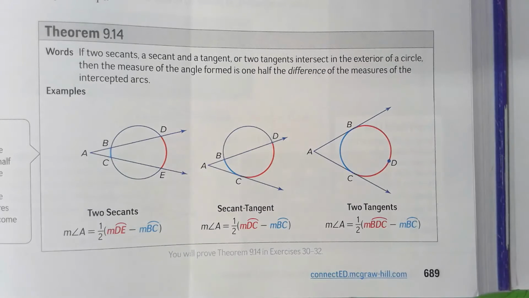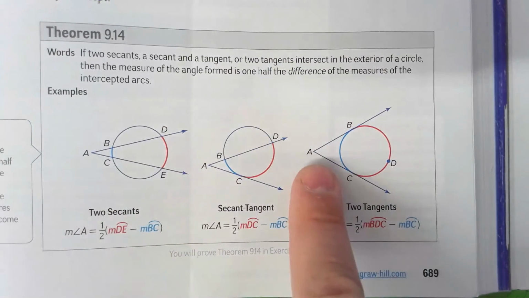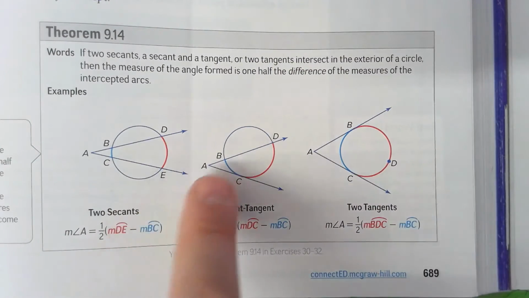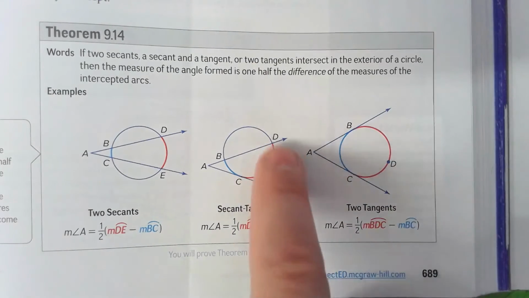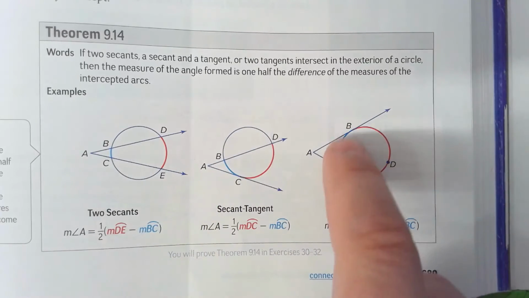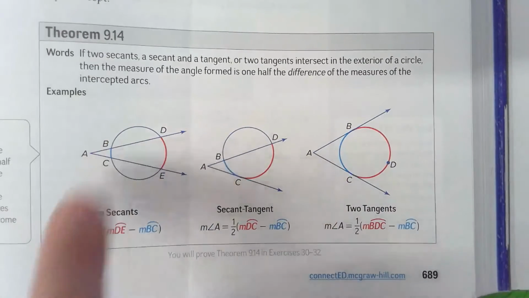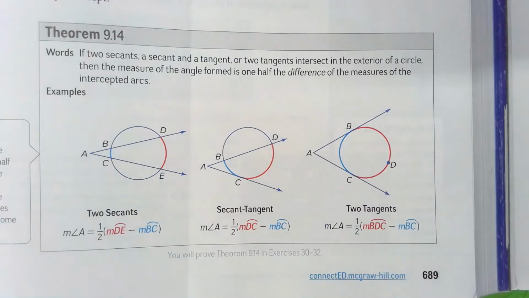In order to find angle A in each one of these examples, you would take the larger arc here in red and subtract the smaller intercepted arc, the one in light blue. We're finding the difference between the intercepted arcs.